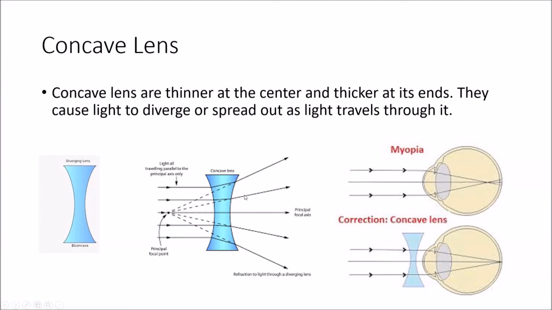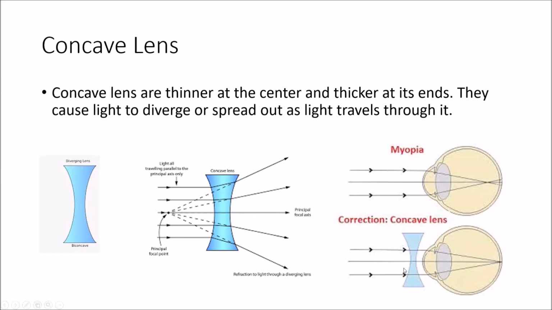But with a concave lens, when this light passes through the concave lens, that's going to help their eye to create a better image. Because in this picture here, now you have this point touching the back of the retina. So the lens can now focus this light to the back of the eye with the help of this concave lens.